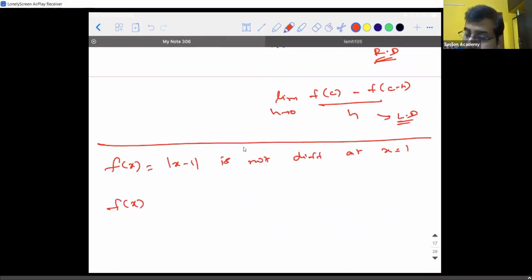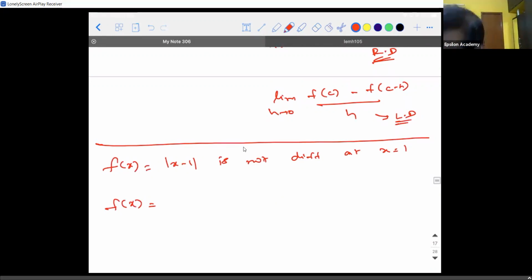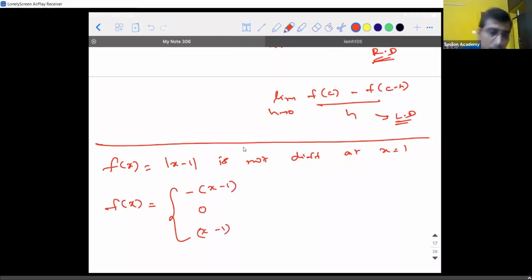Whenever you are asked to prove something in an elaborate way, and you have a modulus function, you always need to break it into sub-functions. It is very easy. The intermediate value will be 0. The above value will be the negative of whatever is inside the modulus. The below value will be the positive of whatever is inside the modulus.